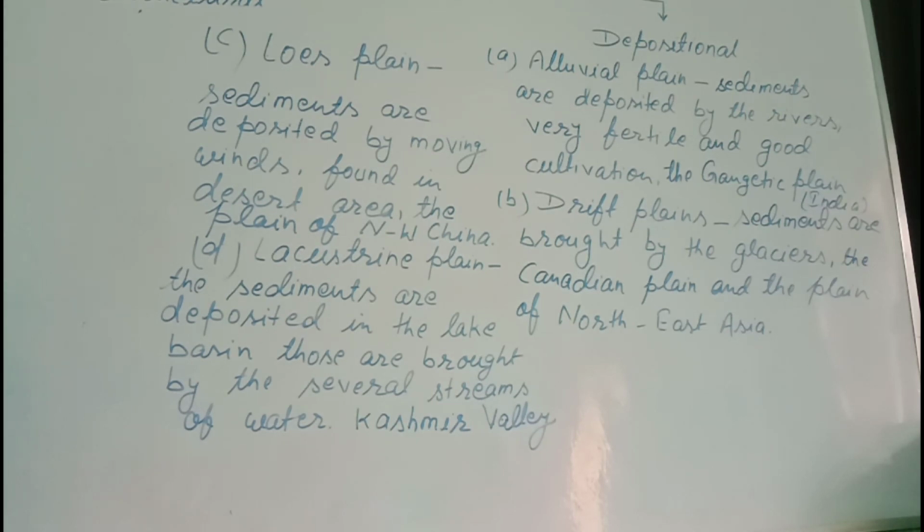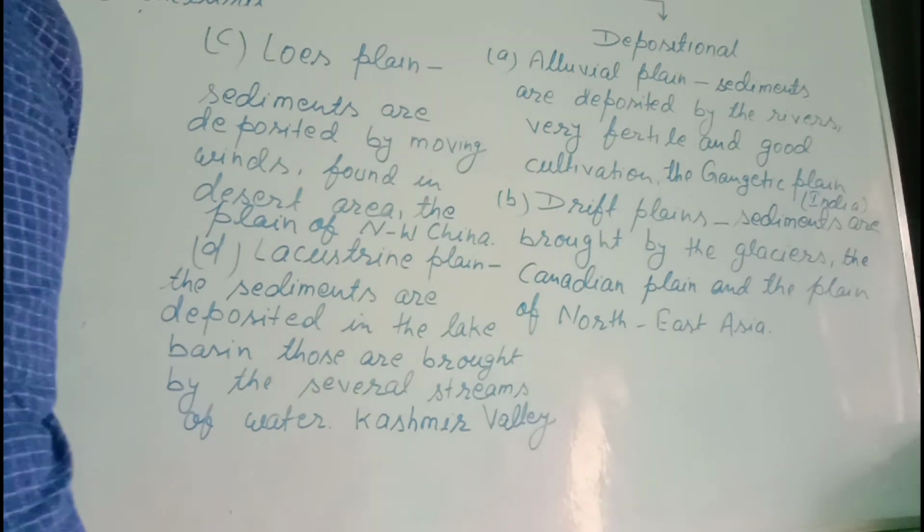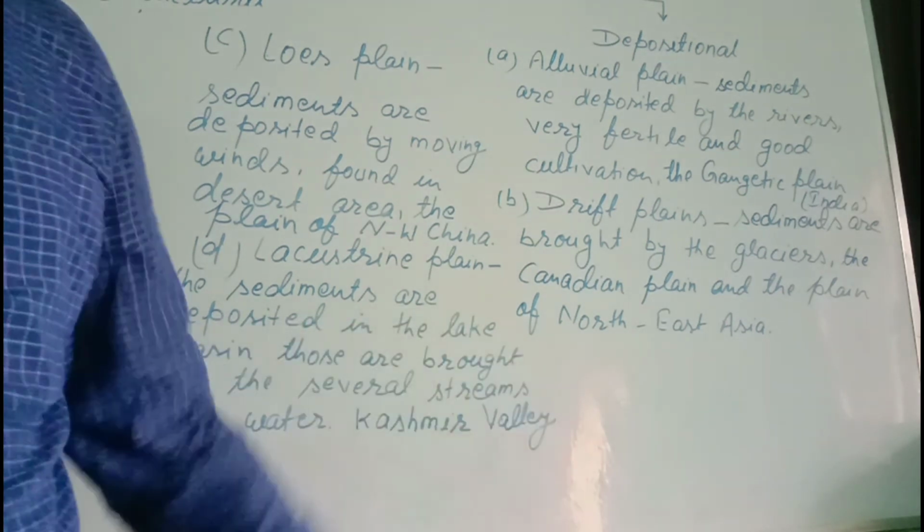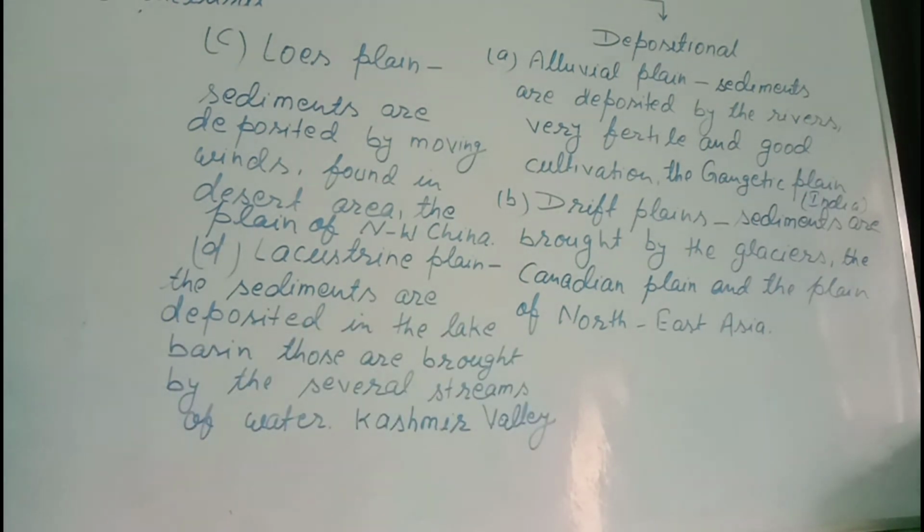In drift plains, the agent is the glaciers. In loess plain, the agent is the moving winds, and in lacustrine plain, the agent of deposition of sediments are the streams of water. Those come down from the high mountains, and sediments are deposited in the lake basin. With example, these classifications you have seen.